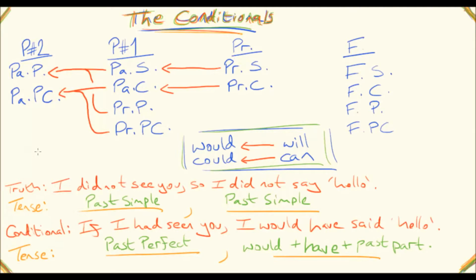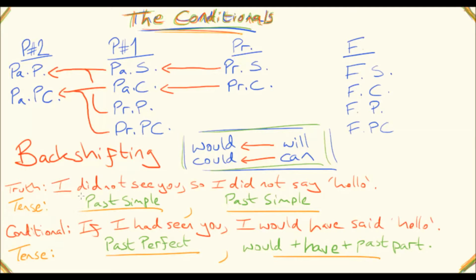What do we call this process? Well, I've just given you a bit of an indication. We call this backshifting. And it is an amazingly important concept to get to grips with in English. Not just for conditionals, but for other grammatical areas which we're going to see a little bit later.